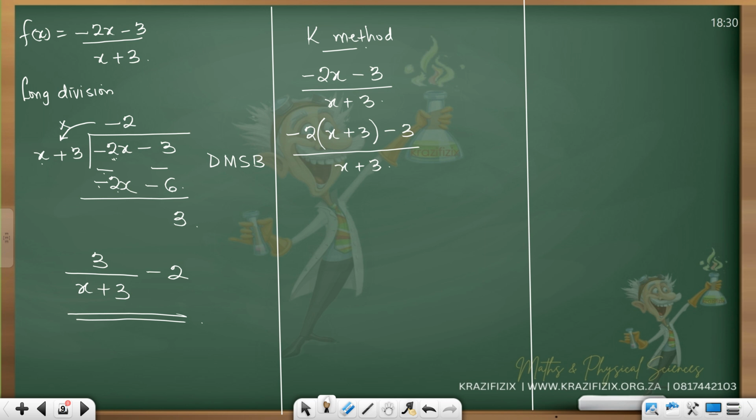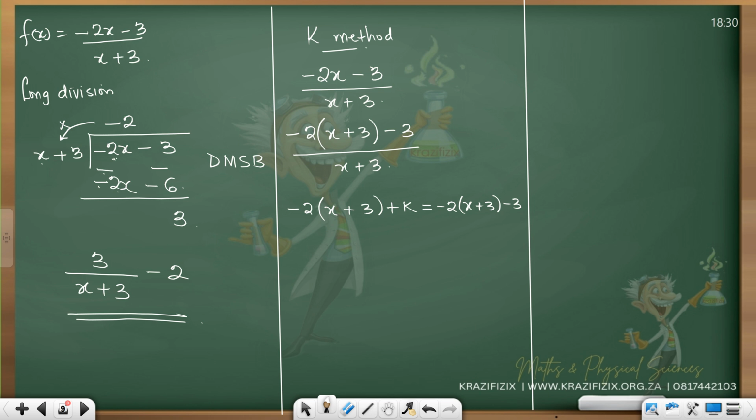Now, what is my next step? I said K method. Here you need to please listen carefully. I'm going to write this whole thing afresh, and I'll say plus K should be equal to negative 2 x plus 3.